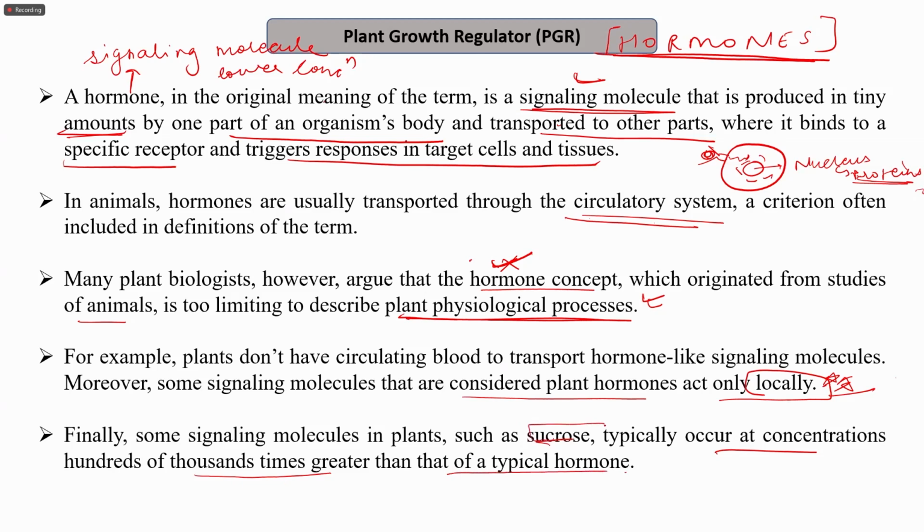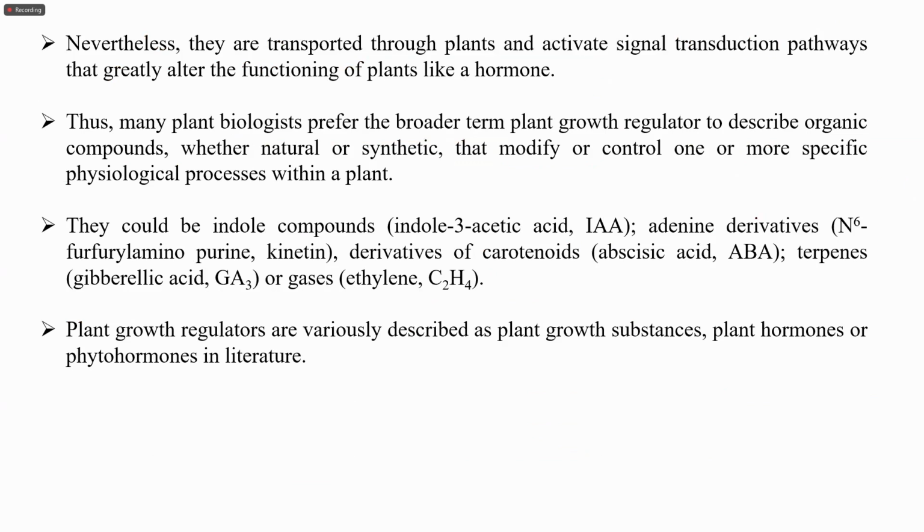Sucrose is also a signaling molecule, but a hormone is usually produced in a very tiny concentration. Nevertheless, they are transported through plants and activate signal transduction pathways that greatly alter the functioning of plants like a hormone.